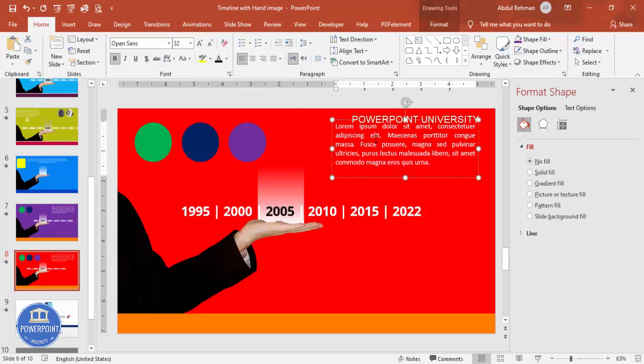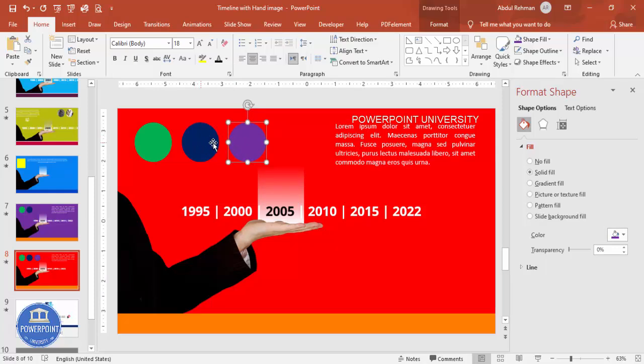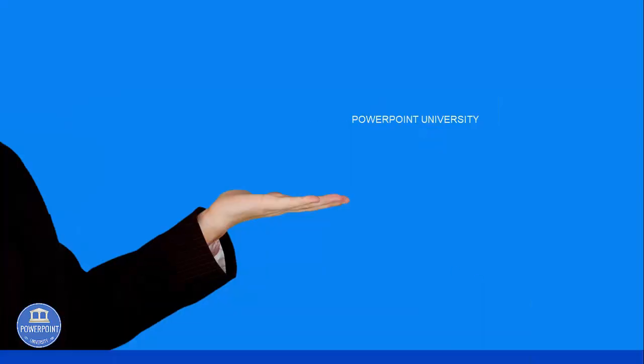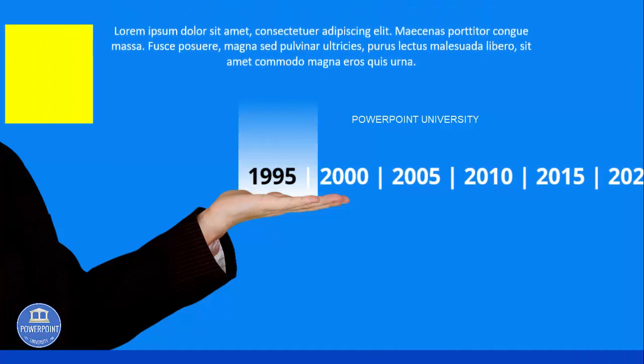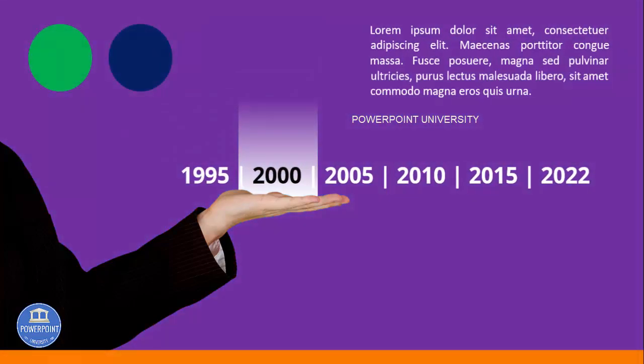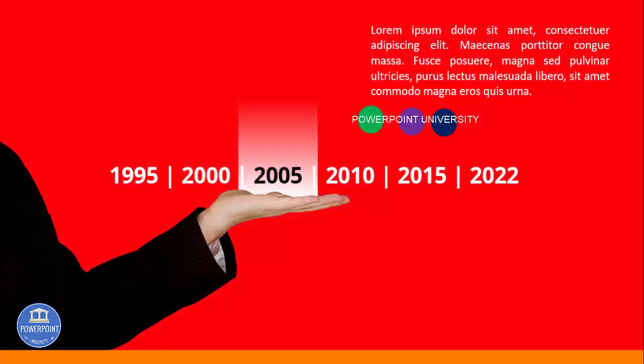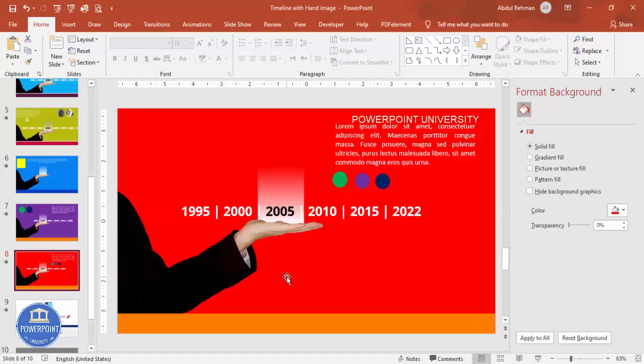And here this I'm going to maybe reduce the size, you can see here, and I'm going to put it here like this. All right, so now let me just play again. When I click, it comes 1995, then 2000, then 2005. Like that you can do for the rest of the slides or rest of the years.